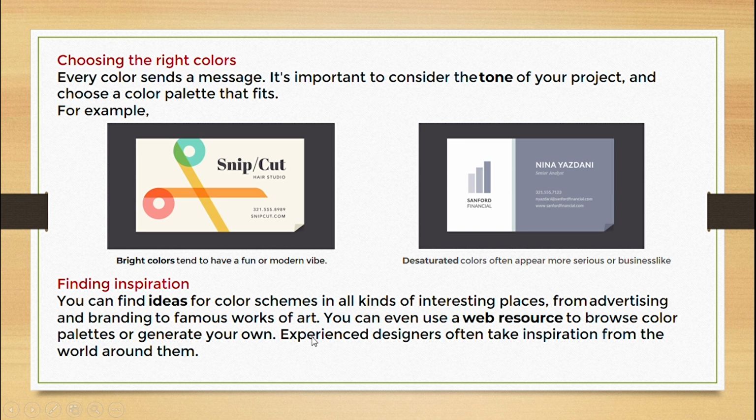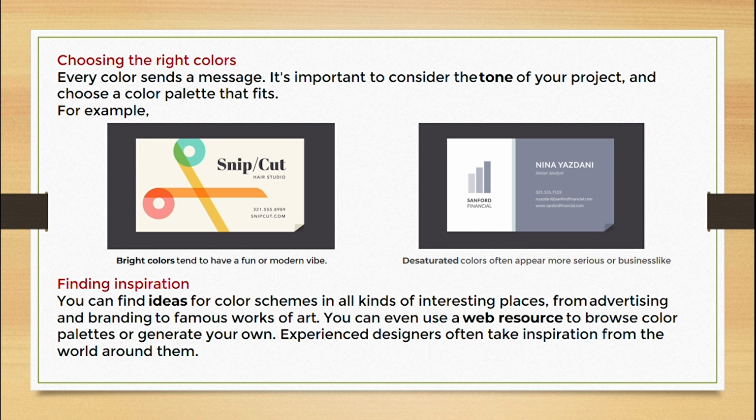So what this is basically saying is that you can generate ideas from anywhere, maybe from a logo you see online, maybe from an advert, maybe from a brand, a famous work of art, maybe from a website. So you can generate your color ideas from anywhere. So experienced designers often take inspiration from the world around them. So as an experienced graphic designer, you need to do research on the color you want to use.